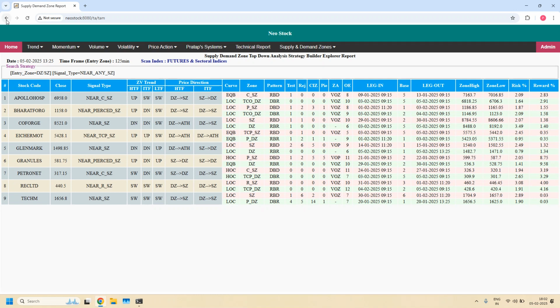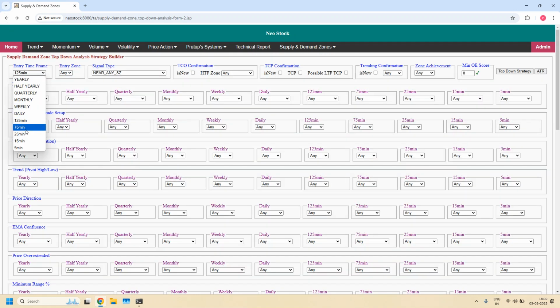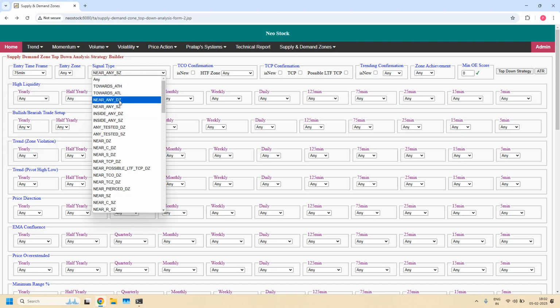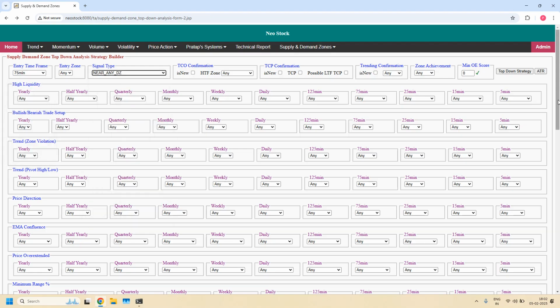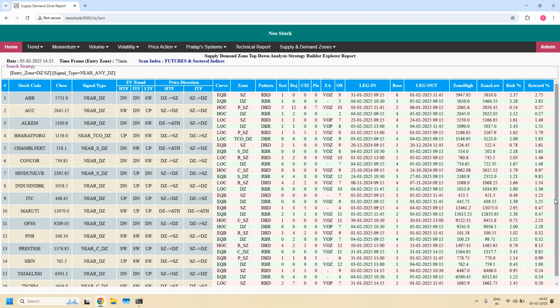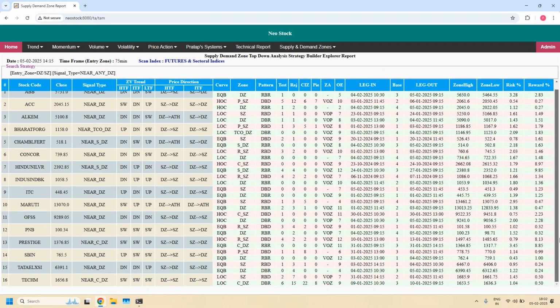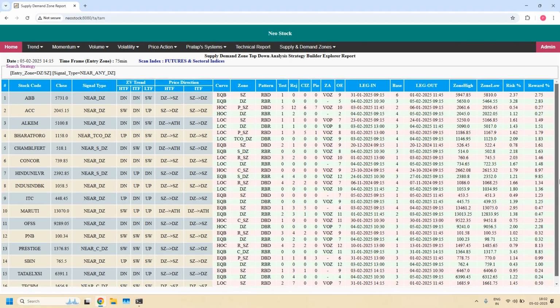Next time frame is 75 minutes. Entry time frame 75 minutes. Let us find the stocks near 75 minutes demand zone. We got 16 stocks. Let us identify high liquidity zones from this list.